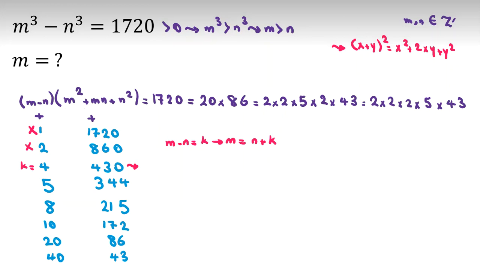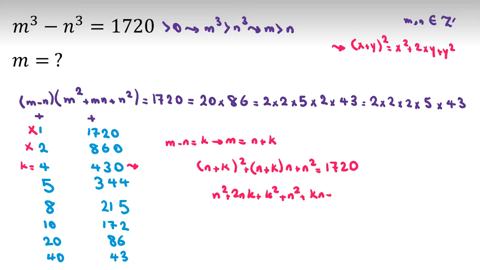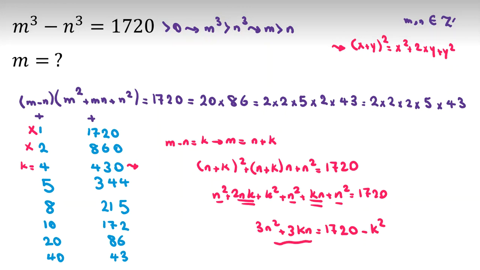This one will be (n plus k) squared plus (n plus k) times n plus n squared equals the constant. So it will be n squared plus 2nk plus k squared, plus n squared plus kn, plus n squared. n squared, n squared, n squared is 3n squared. This plus this will be 3kn. And the right-hand side is the constant minus k squared. The left-hand side is a multiple of 3.